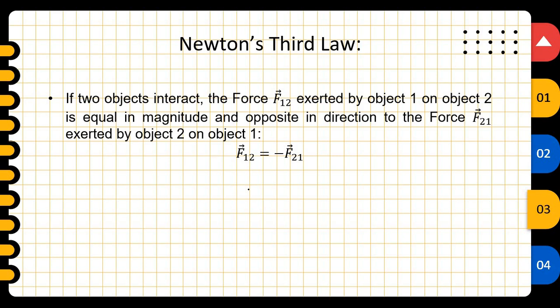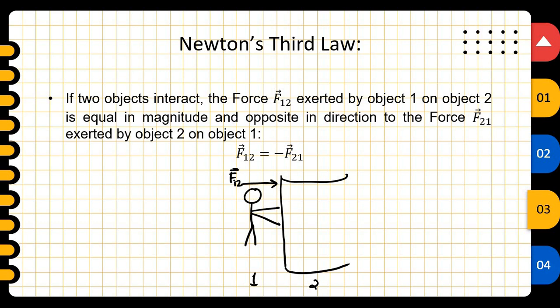So let's say, for instance, we have the one that we had before, the man pushing the pole. If this is the pole, the pole is considered as object 2, and the man is considered as object 1. Since the man is pushing the pole, the man is exerting a force, which we now call F12, because this is the force exerted by object 1 on object 2.